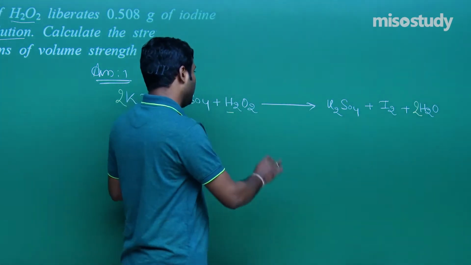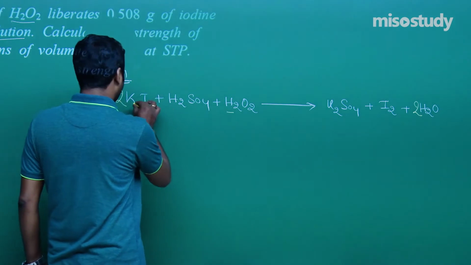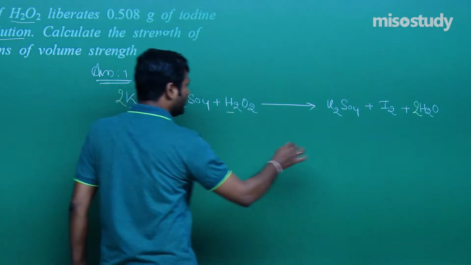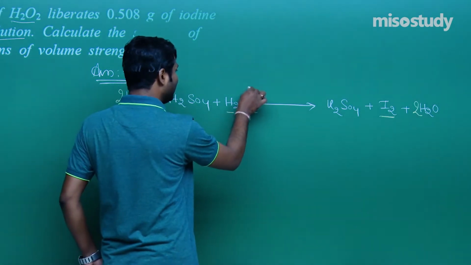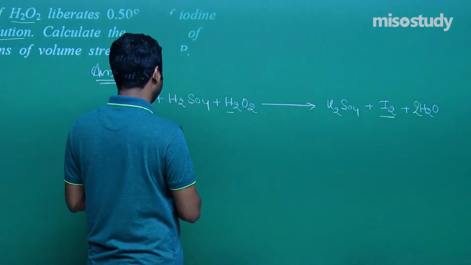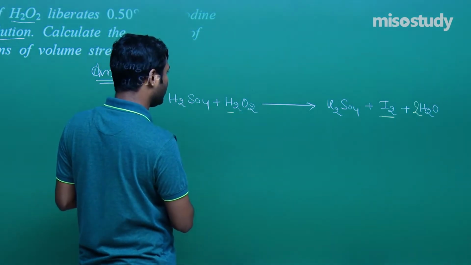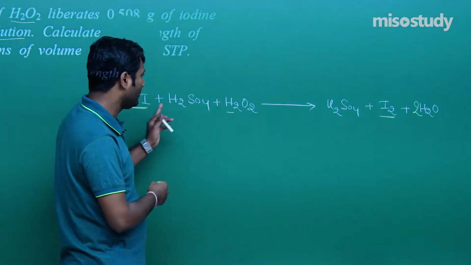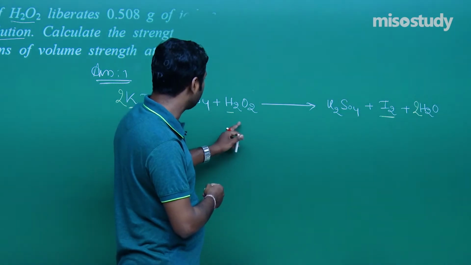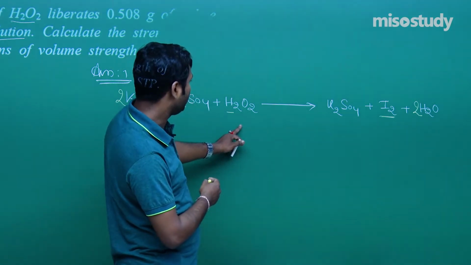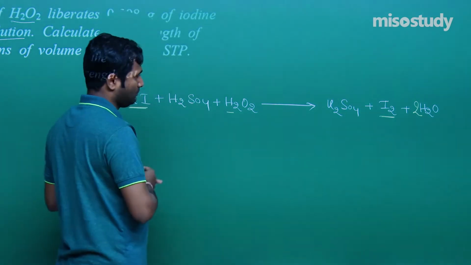Now what happened in this case? The KI converted to I2. Now look at here, that is H2O2. Do we need to balance H2O2 also? Check out again, K2SO4, that is I2, then H2O2 given here, I2.